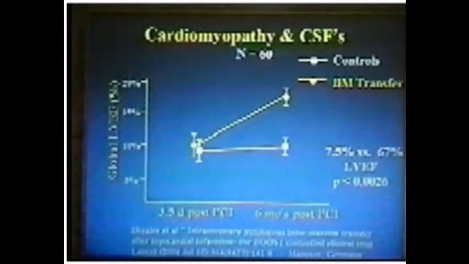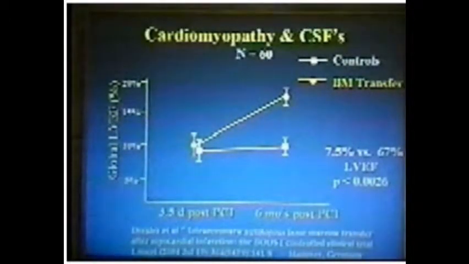You can't get the article right off of Google, but you can get a lot of the AP News Wire stories from when this was published by typing in Drexler, bone marrow transfer and myocardial infarction, and you'll get this article and comments about it. What they did was they took 60 people that had a heart attack.